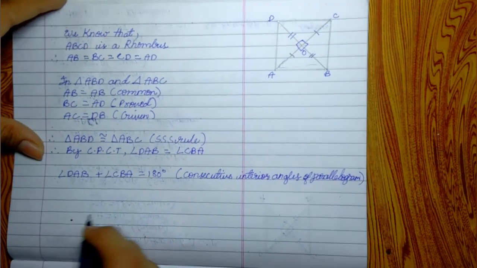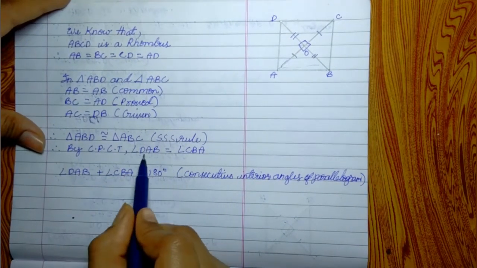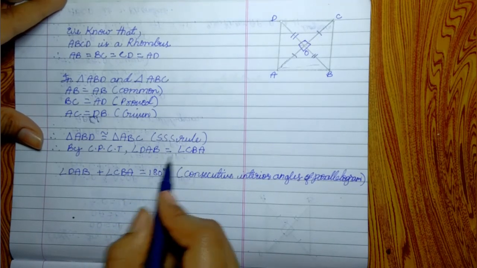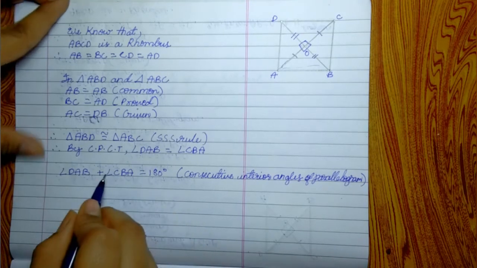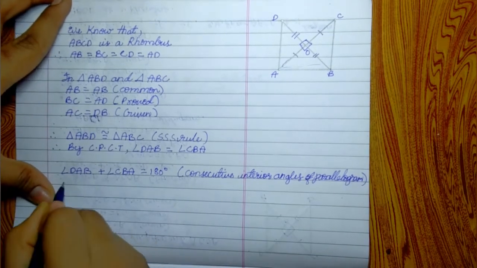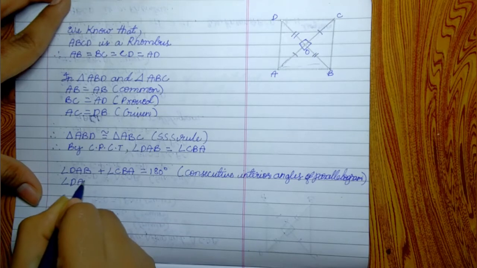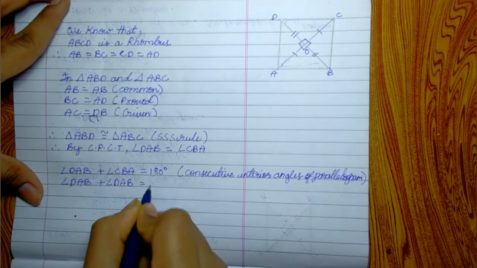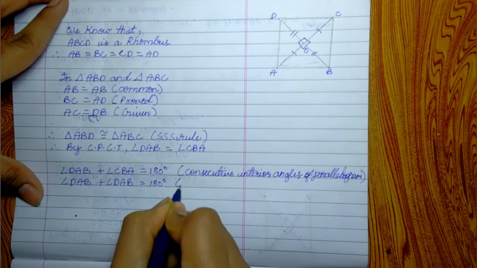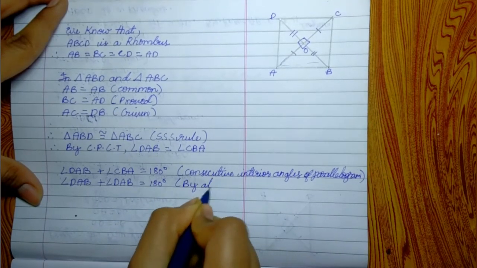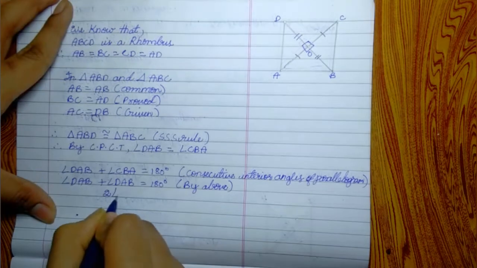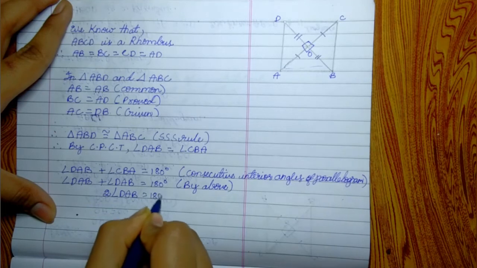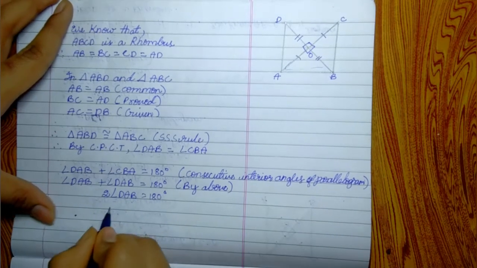Okay, friends? So, by above, we have proved that angle DAB is equal to angle CBA. So, let us replace it by angle DAB itself. Okay, friends? Angle DAB plus angle DAB is equal to 180 degrees. Let us write by above as the reason. 2 angle DAB is equal to 180 degrees. Okay.